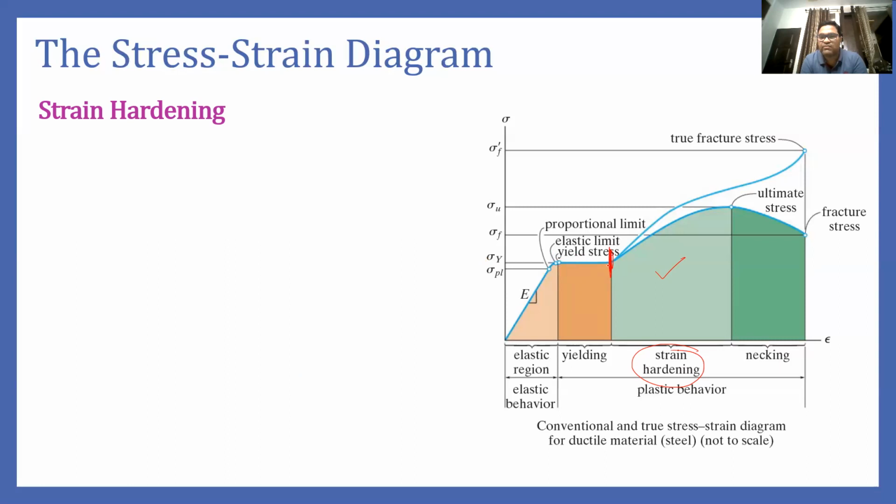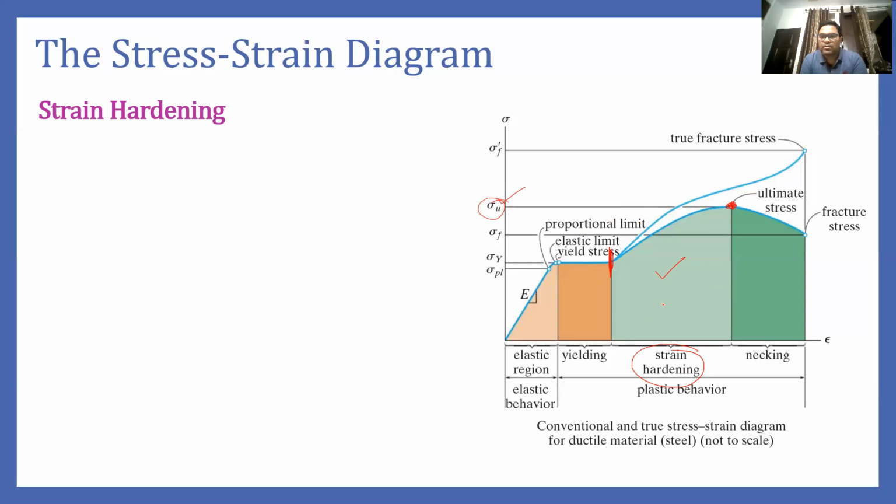So at this stage, when we apply more load to the material, it can further take load up to this point. The stress corresponding to this point is represented as sigma u. The maximum load it can take is represented by this term, sigma u.